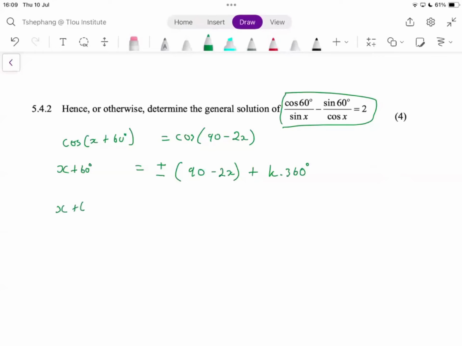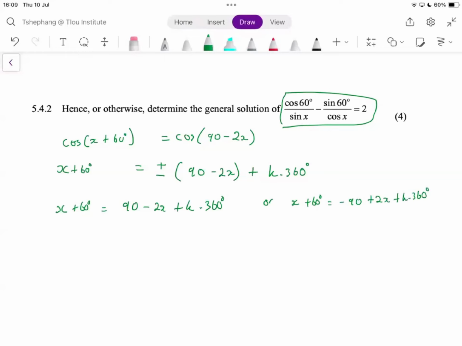x plus 60 degrees is equal to 90 minus 2x plus k multiplied by 360, or x plus 60 degrees equals negative 90 plus 2x plus k 360 degrees.